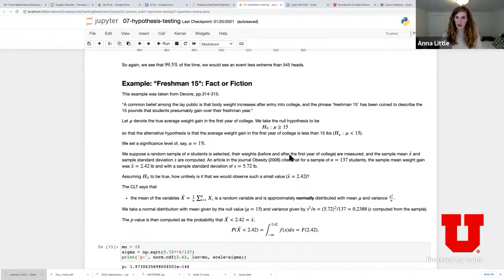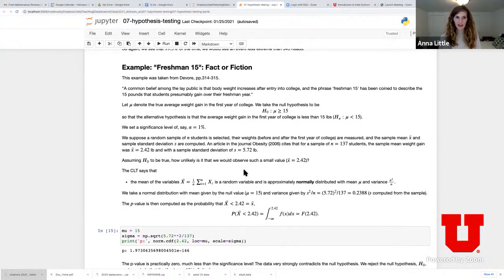And from this random sample, you compute a sample mean, X bar, and sample standard deviation, S. An article in the journal Obesity cites such a sample for 137 students, and the data yielded a sample mean weight gain of 2.42 pounds with a sample standard deviation of 5.72 pounds.